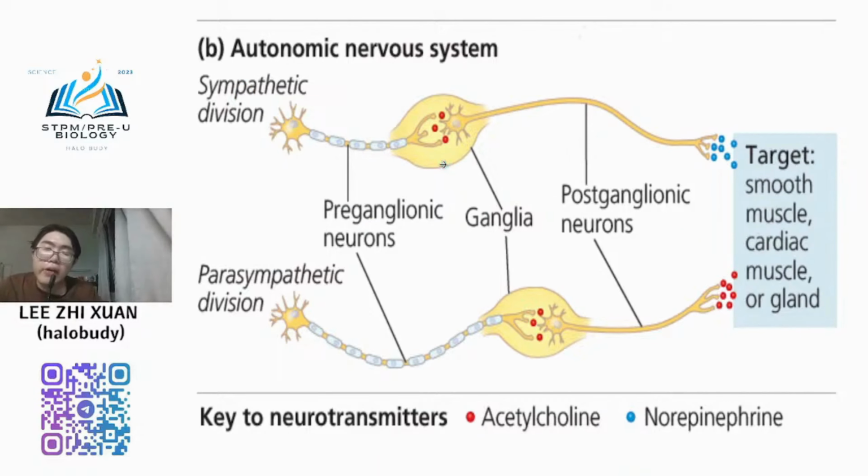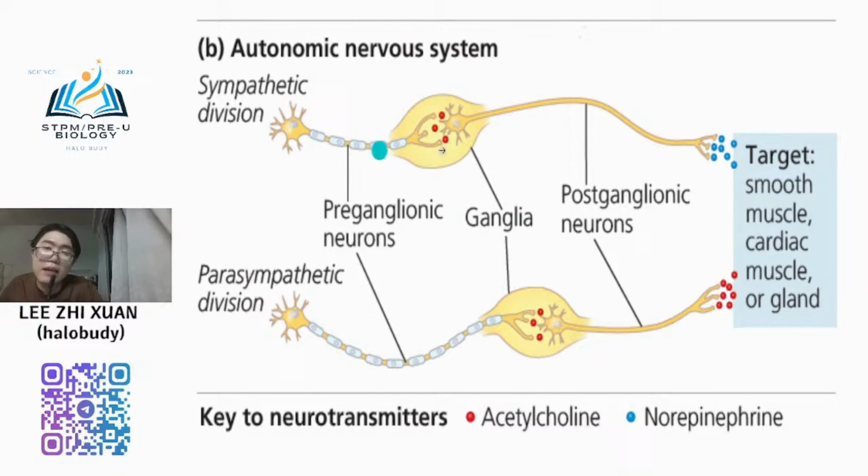I already mentioned that in our nervous system, we have afferent neuron and also efferent neuron, right? For this kind of cell, it normally involves two efferent neurons.